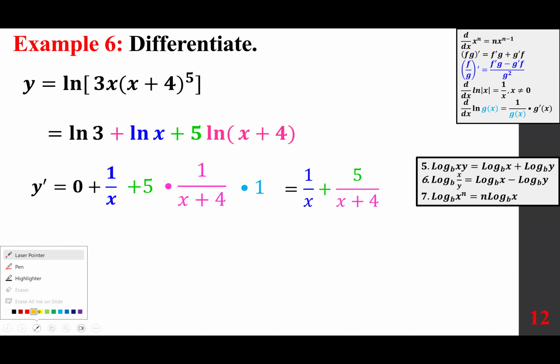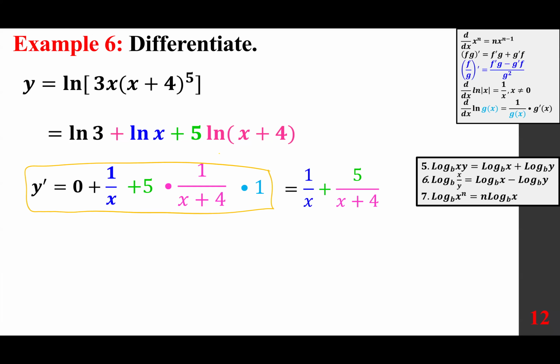Again, bear in mind, this is the calculus step. Now we're going to find the common denominator, which is x times x plus 4. To combine the two fractions, 1 times x plus 4 plus 5 times x.